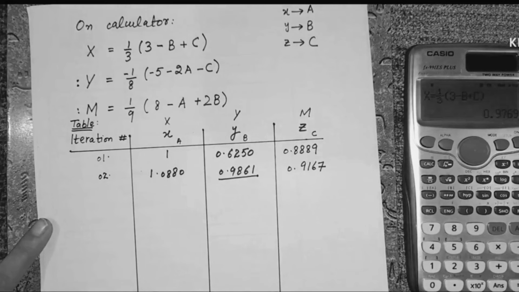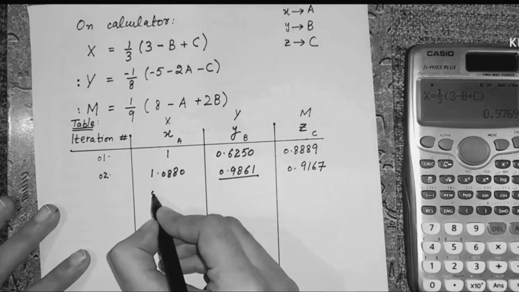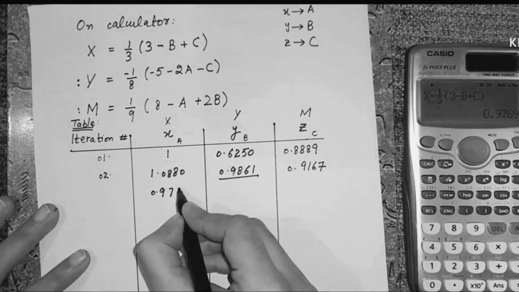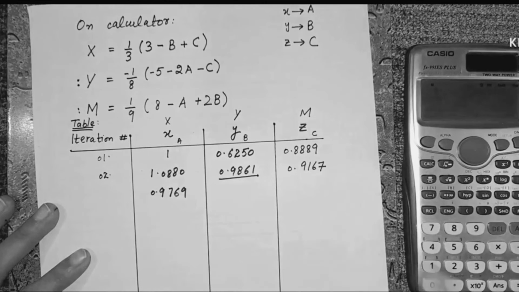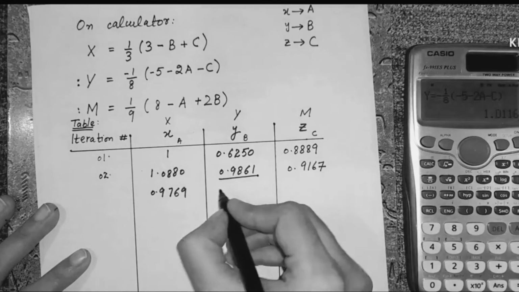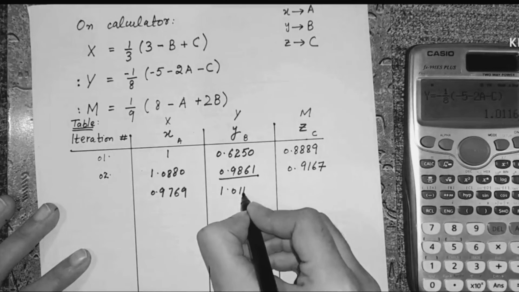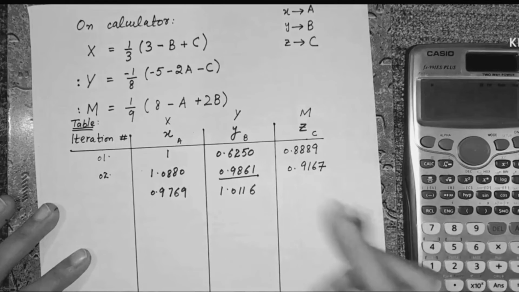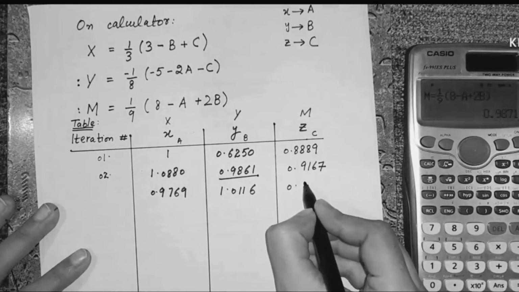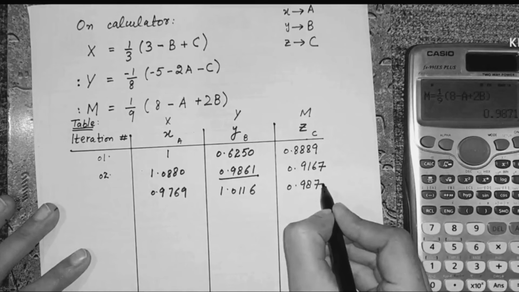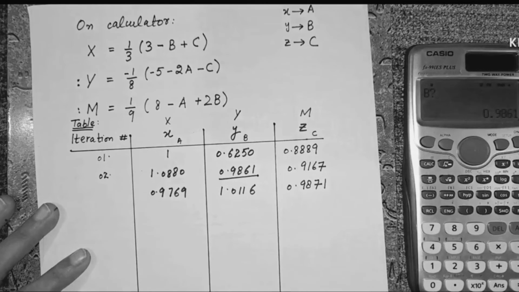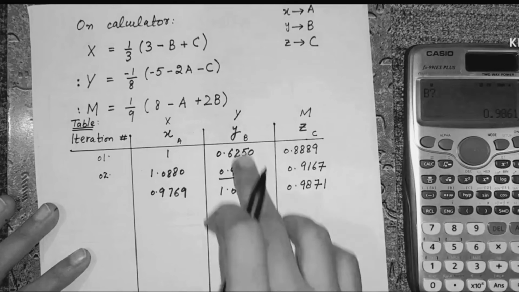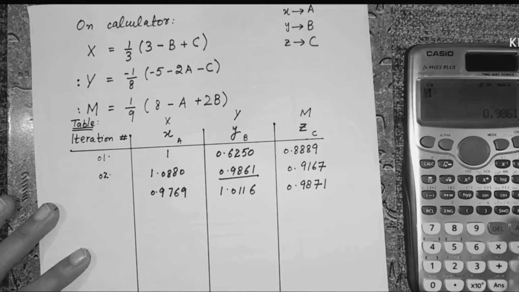Now we don't even have to write these values. Plus equals to. The next value of x is 0.9769. Press equal to. The value is 1.0116, equals 0.9871. Again, the previous value of b is in capital Y, alpha y.